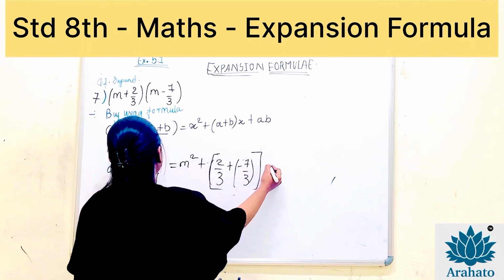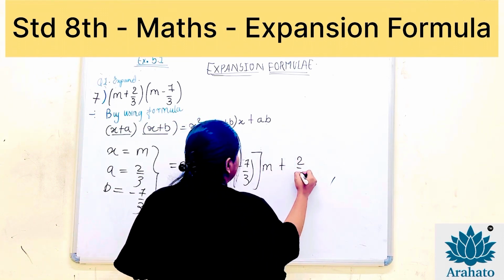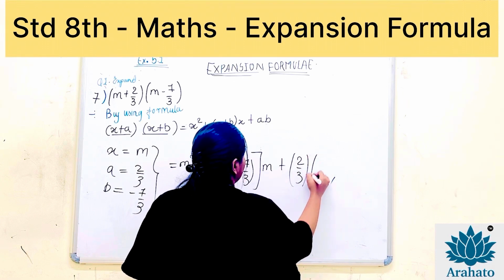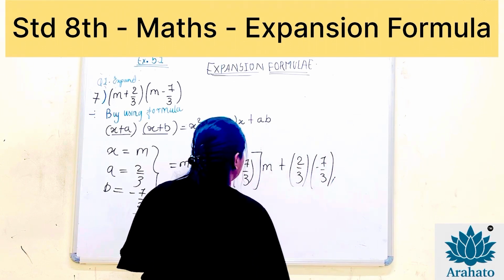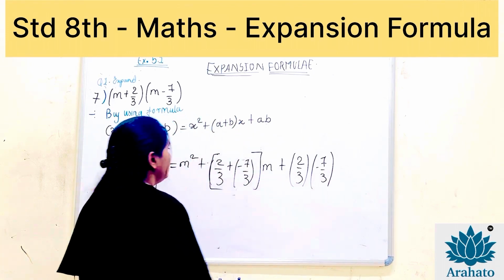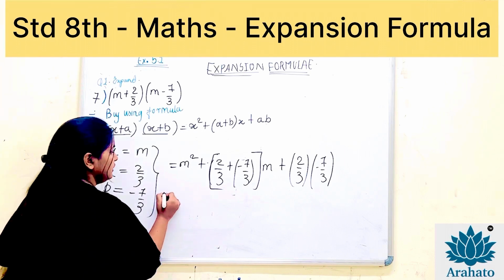Now what is x? x is again m, plus a is 2 by 3, into minus 7 by 3. Now we have put all the values inside this formula. Now solve.